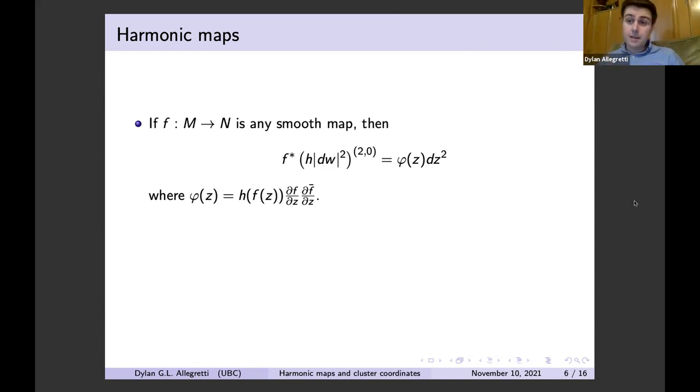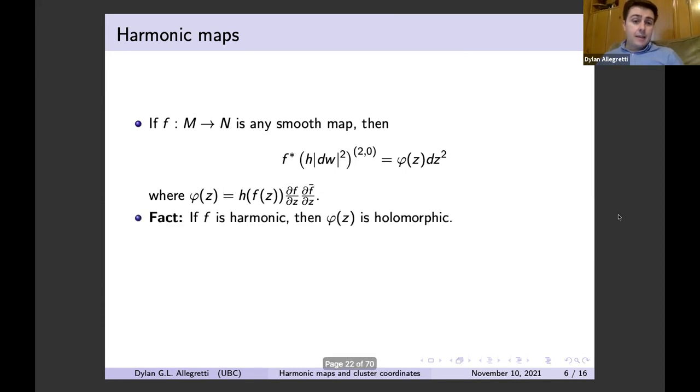So that will give me some expression, and in fact, there's a simple calculation that gives you explicitly an expression for this function phi of z. It's given in terms of the derivatives of the map, and also in terms of the metric on the target. And it is a fact that if this map f is harmonic, then the resulting function is holomorphic.